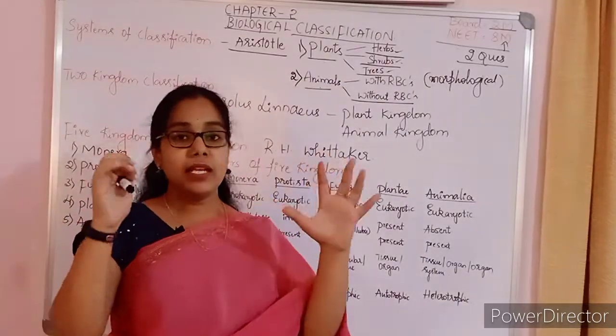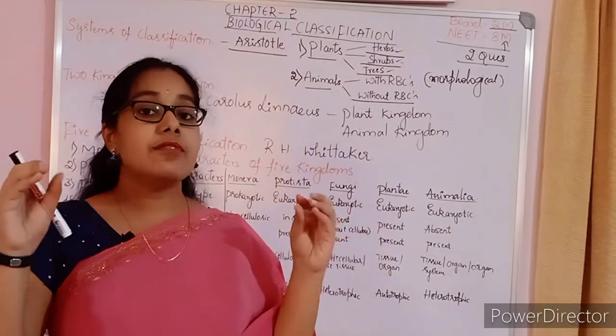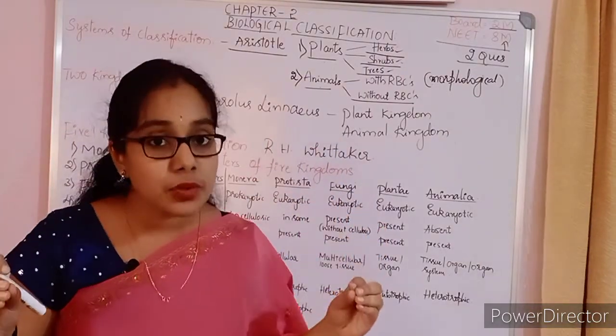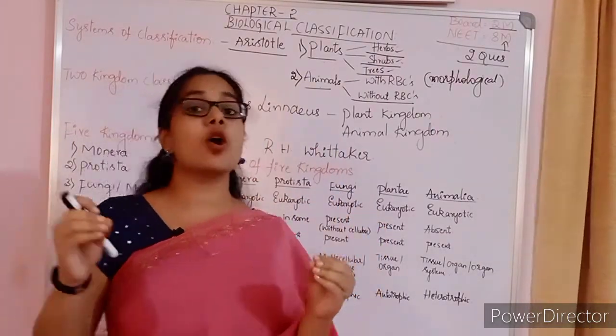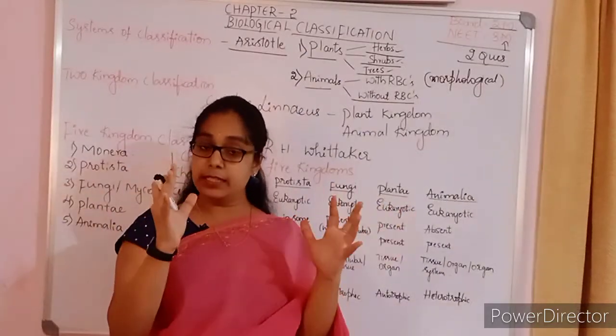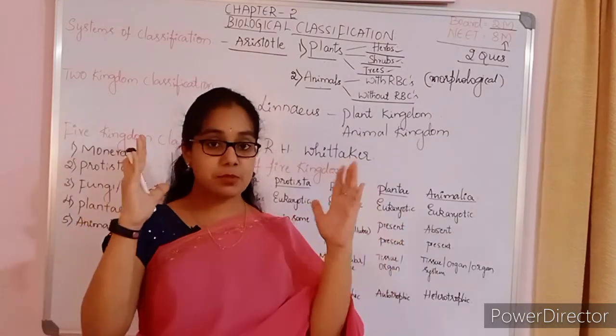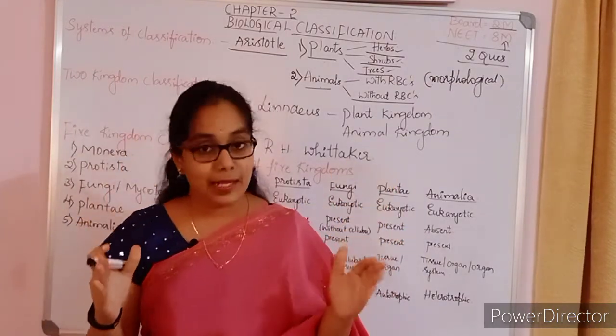So when it comes to the classification of living organisms, first and foremost you have to remember a taxonomist called Aristotle, who classified entire living organisms into 2 groups: one is plants, another one is animals.